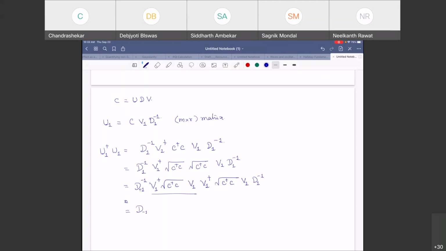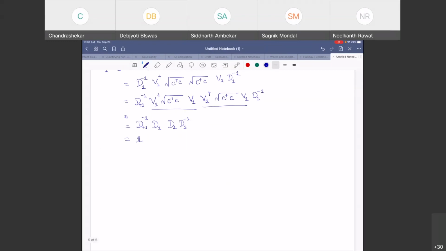Sorry, there's no minus, there's a plus one. So this whole thing is D1. And again, this whole thing is also D1. So this is equal to the unit matrix, which means we verified that U1 dagger U1 is equal to identity.